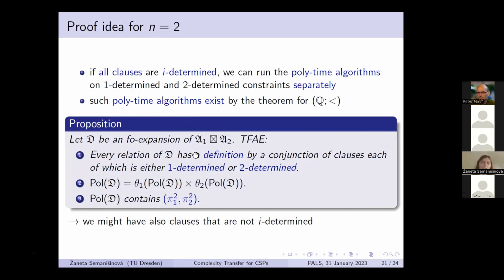If every relation has such a definition in our first-order expansion, then the polymorphism clone of the expansion has to be a product of its projection to the first coordinate and to the second. An alternative characterization is just having this nice projection combination.